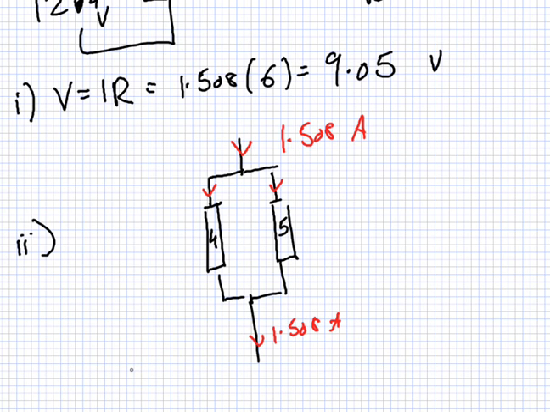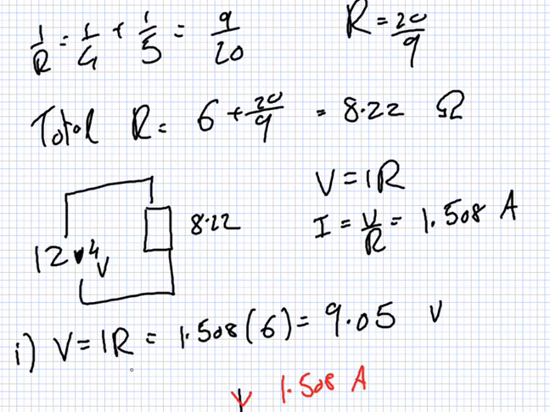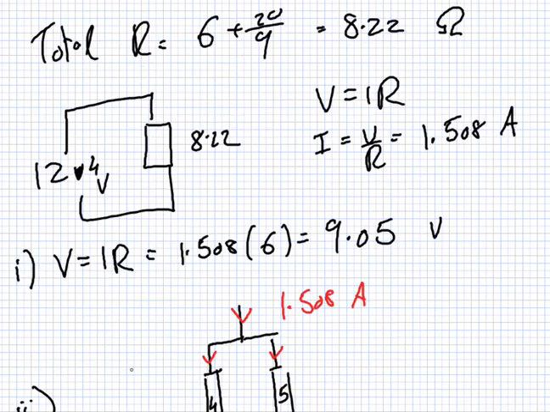But we can know the voltage because how much voltage was used in the previous resistor? 9.05, yes? So there is a remainder of 12.4 minus 9.05, 3.35 volts remain.